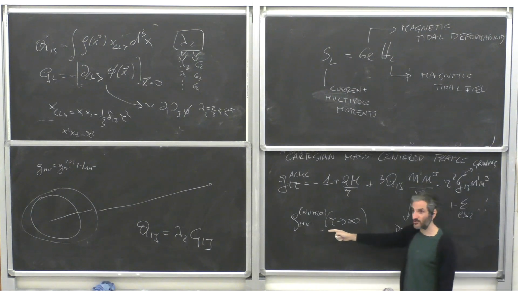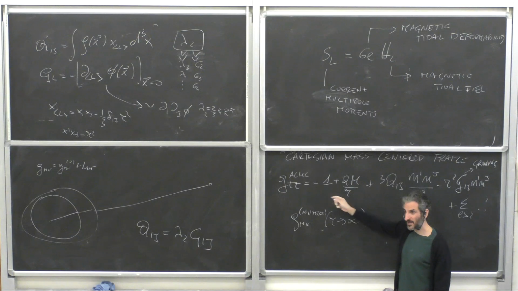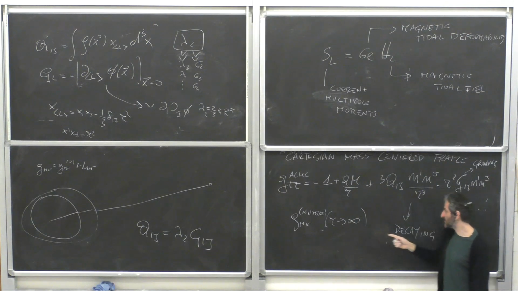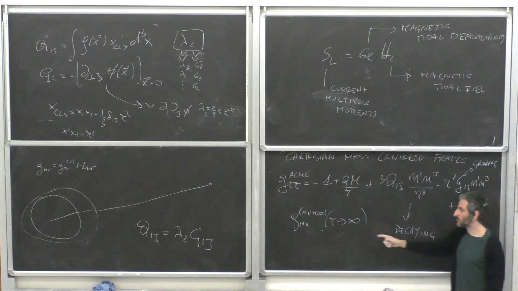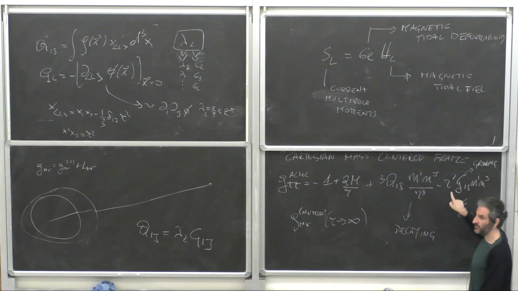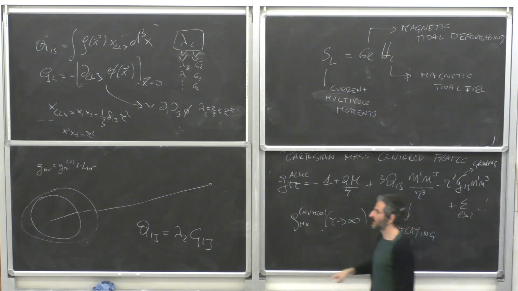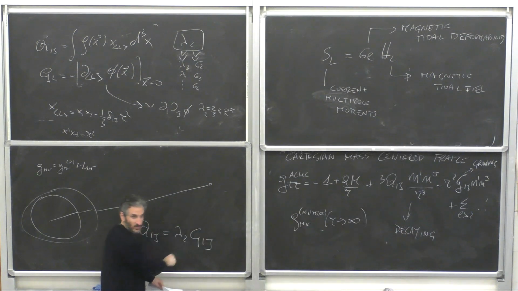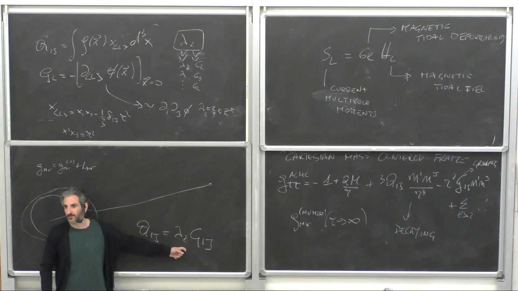What you do is that you match this with this. You identify in this which is the solution which is decaying. You identify with this the solution which is growing. You associate these two. You solve two algebraic equations, and you find Q and G. And once you find Q and G, you take the ratio and you compute the Love number, or the tidal deformability. This is basically everything.